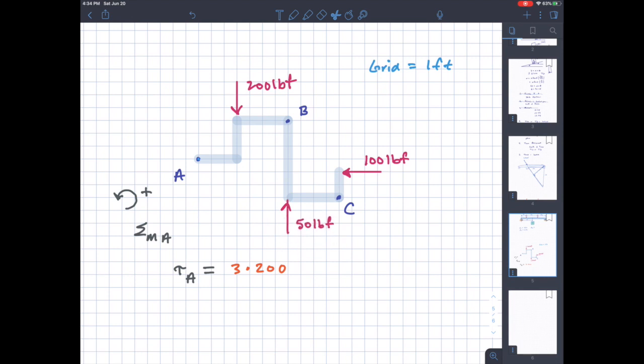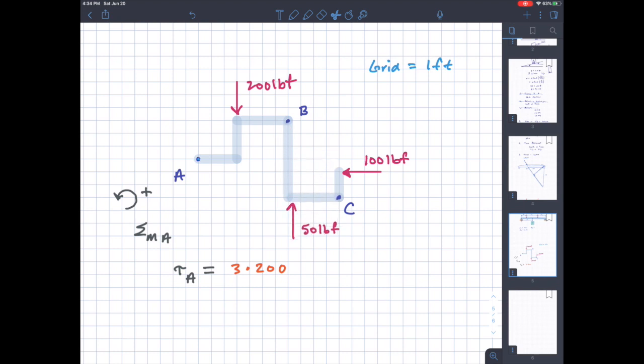All right, so this is the line of action. It goes this way. Can you envision where the vector is perpendicular to A along this line of action? It's right here, right?